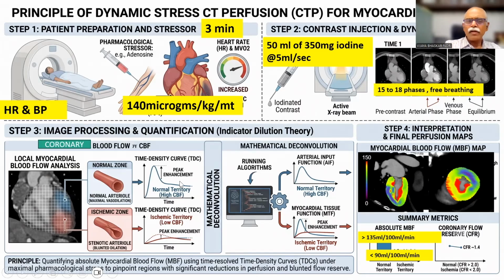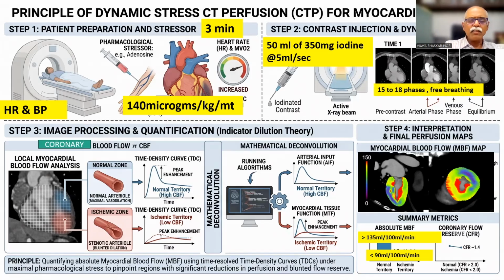Then this particular data is processed using dedicated software, and by using mathematical deconvolution, the basic fundamental time attenuation curve is derived. That is the amount of iodine in the myocardium, wash in and wash out. So the wash in and wash out curves are estimated in the normal myocardium and then in the abnormal myocardium.